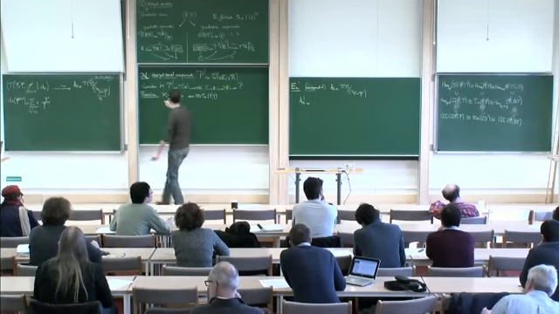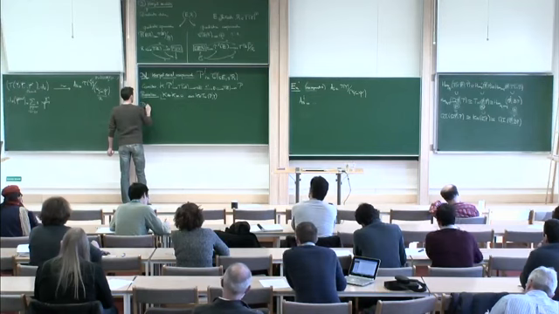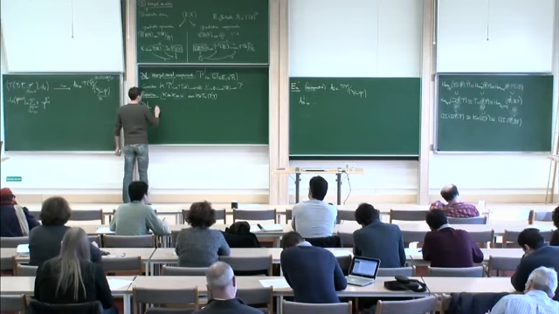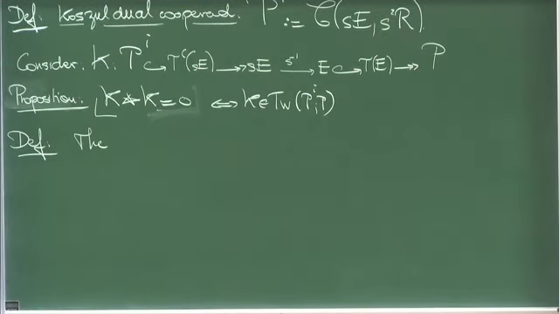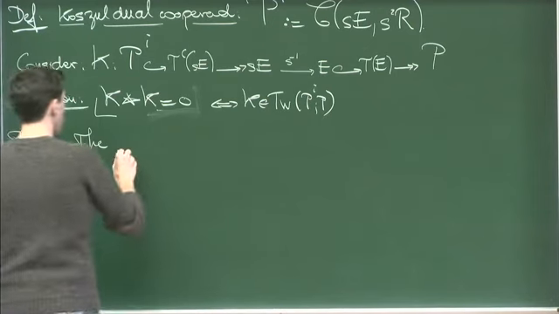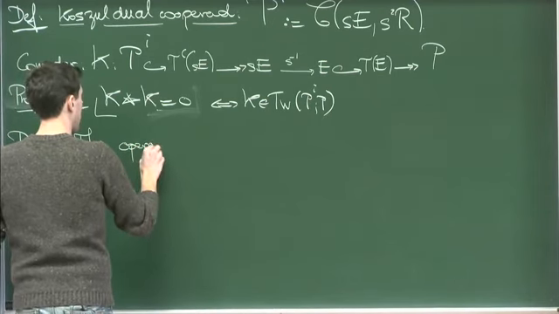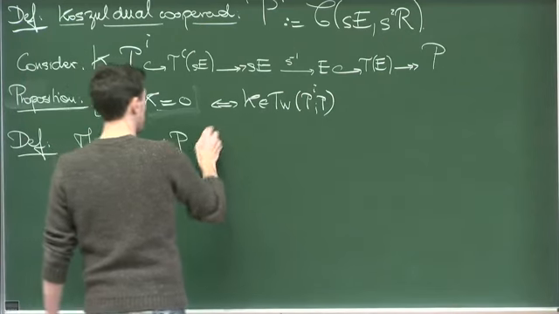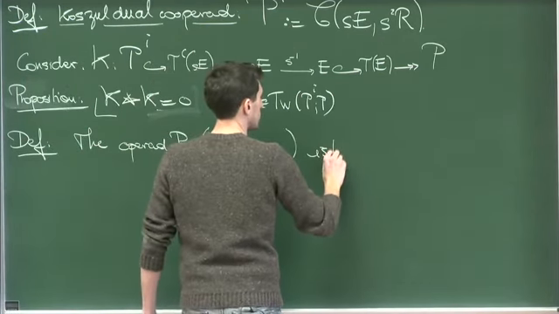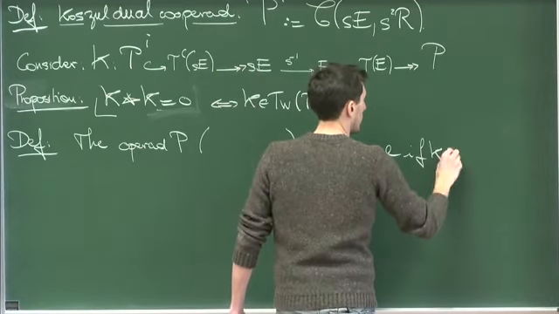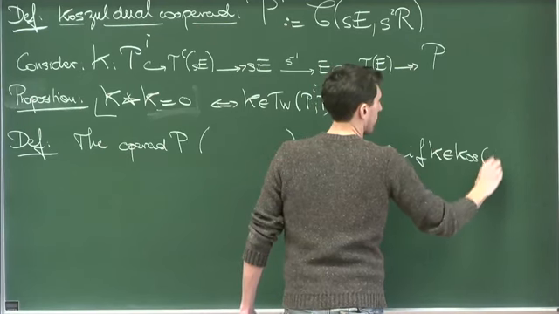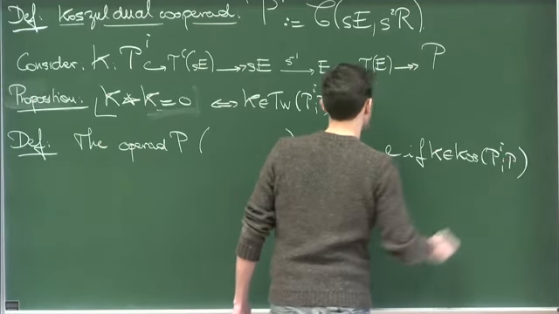So let us give a definition to that. Definition. This is what I would like to write, but mathematically speaking, that's not correct. The operad P is Koszul if kappa is a Koszul morphism.